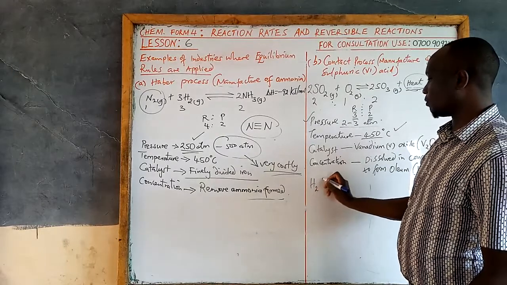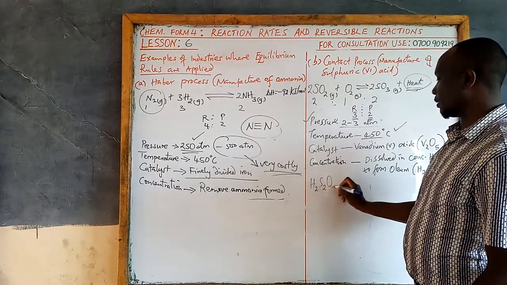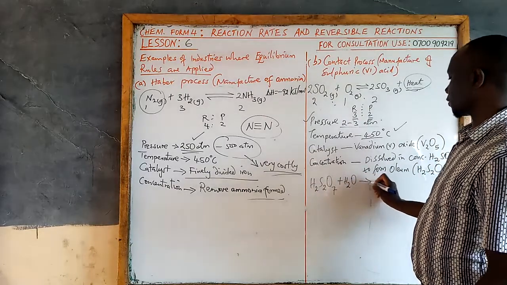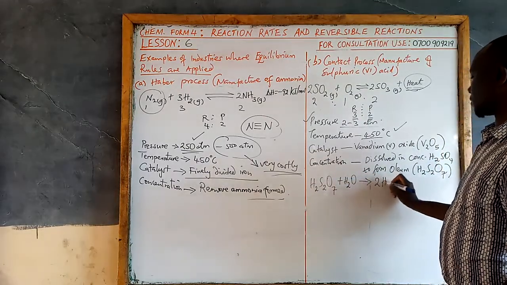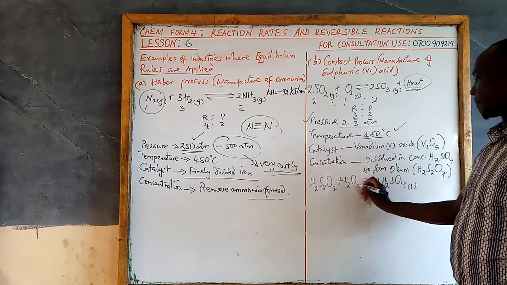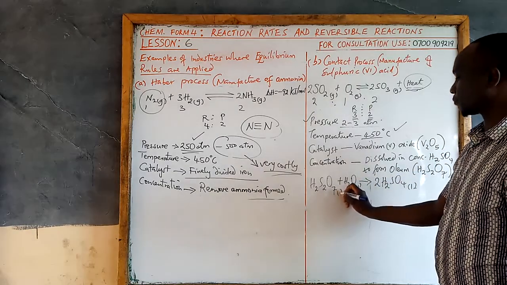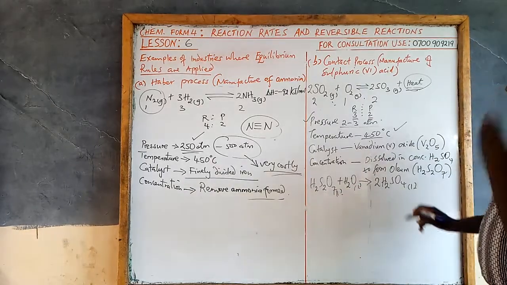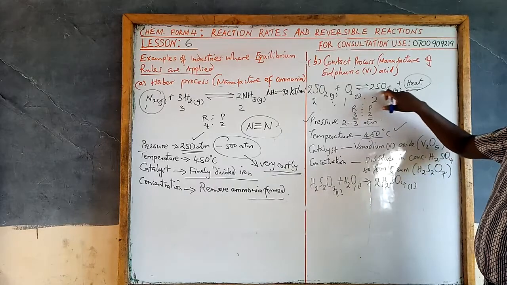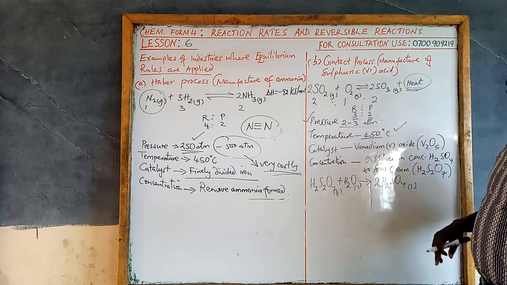So the oleum formed is diluted in water, then it forms sulfuric 6 acid. This way, removing sulfur 6 oxide will reduce the concentration, so more of it is formed.